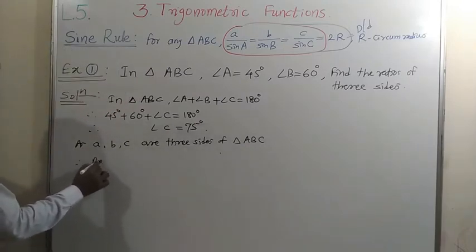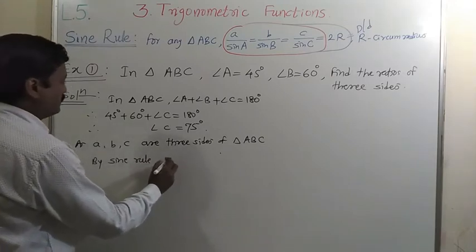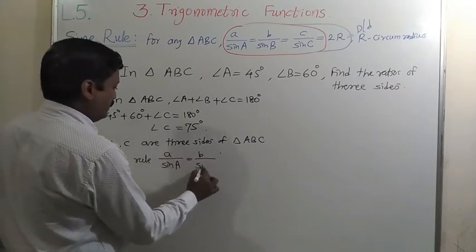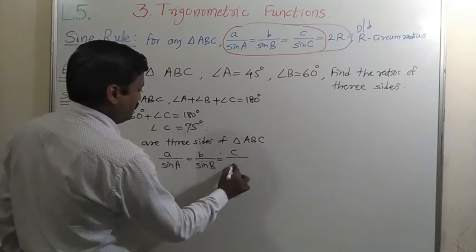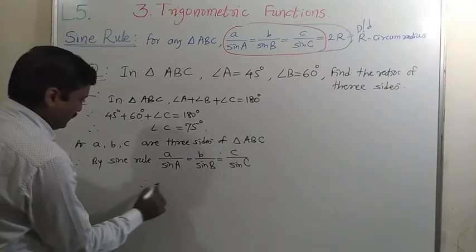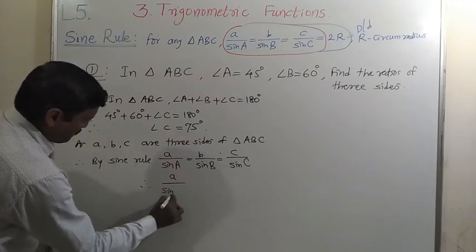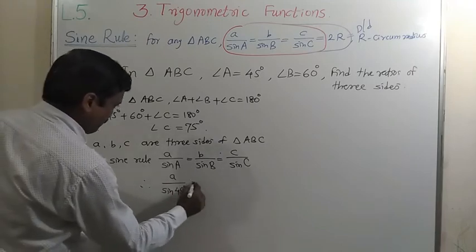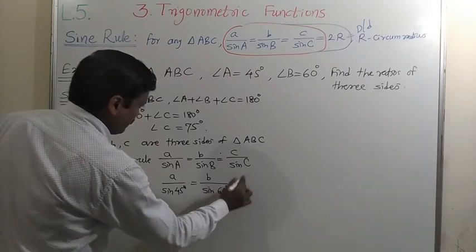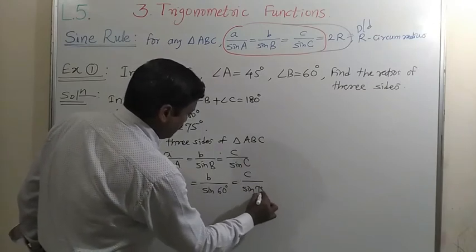Therefore by the sine rule, a upon sine A is equal to b upon sine B is equal to c upon sine C. So we get a upon sine 45, is equal to b upon sine 60, because angle B is given as 60, and angle C is now 75, so we get c upon sine 75.